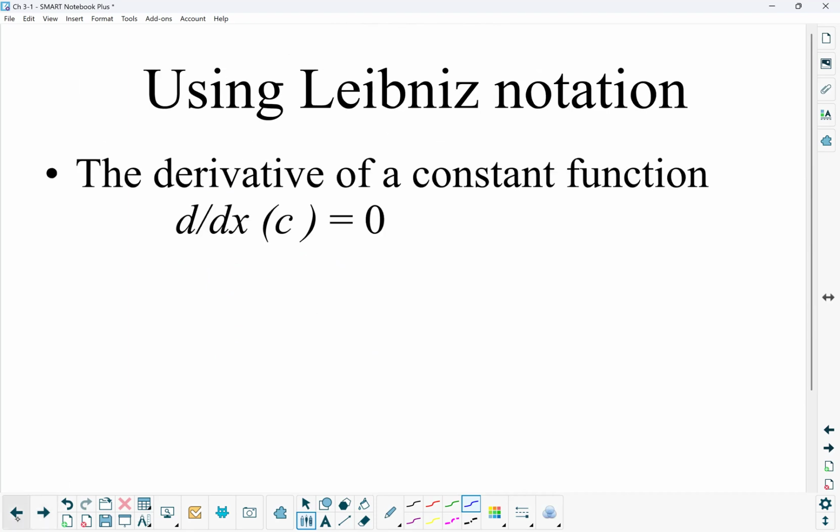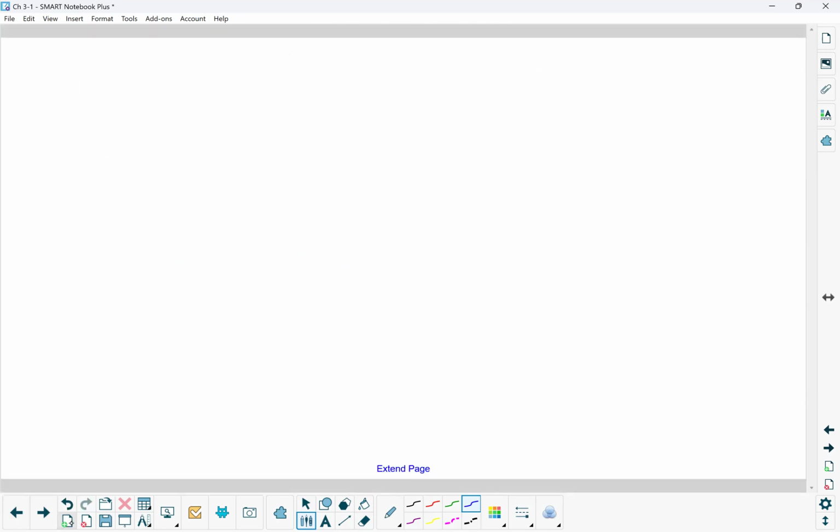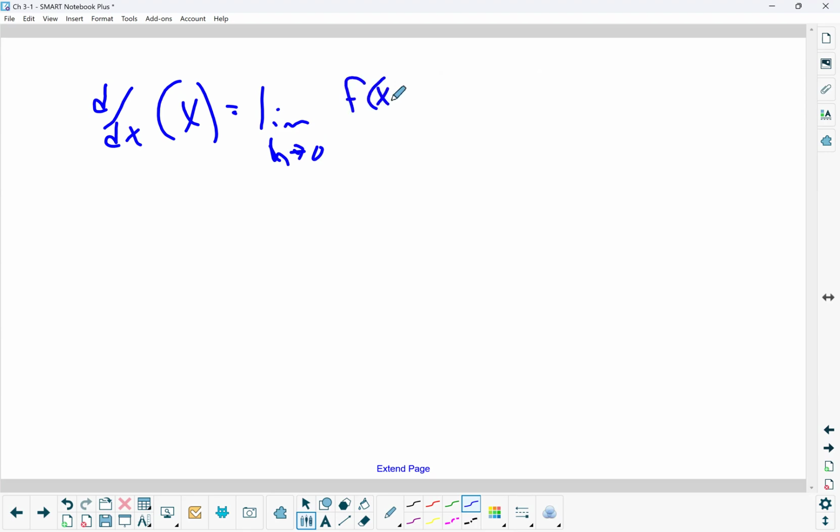So we're actually going to take the next step and find the derivative of x. So that would be the limit as h approaches 0 of f of x plus h minus f of x all divided by h.